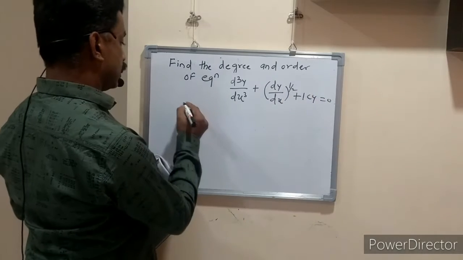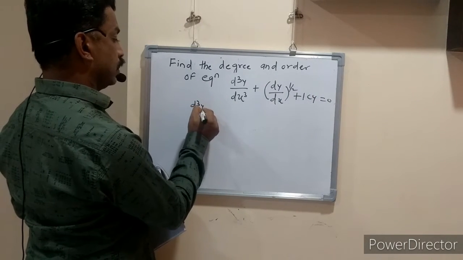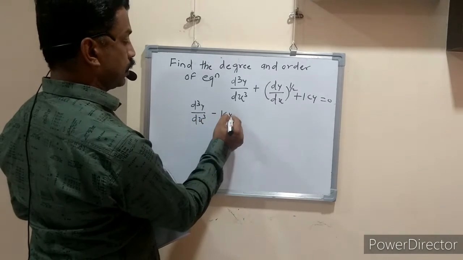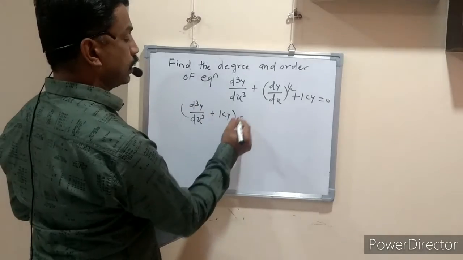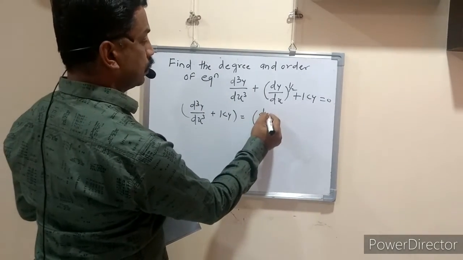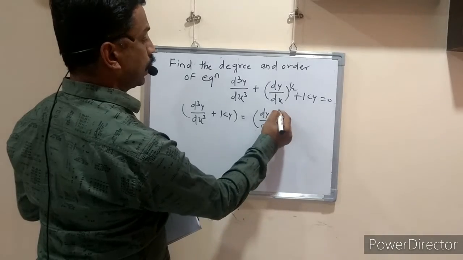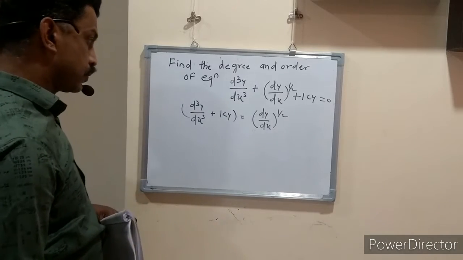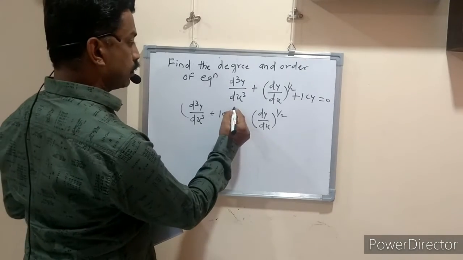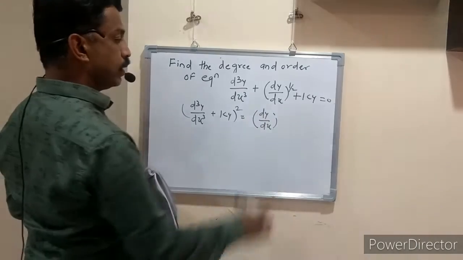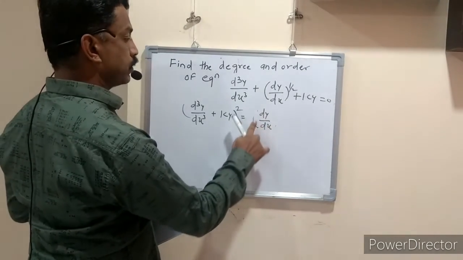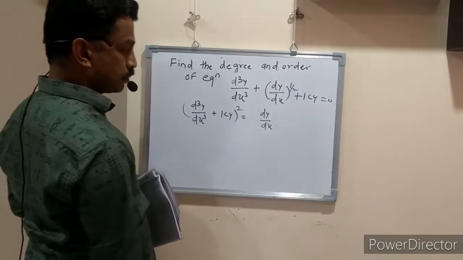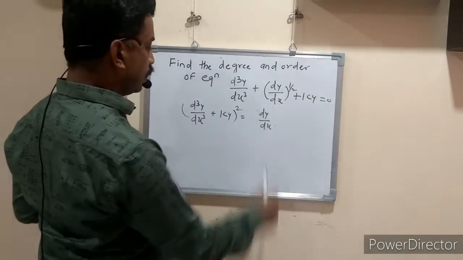Take this term to the other side, so we get d3y by dx cube plus ky equal to dy by dx bracket raised to half. Now taking square on both sides, the square root will be removed, and therefore you will get d3y by dx cube plus ky, whole squared, equal to dy by dx.